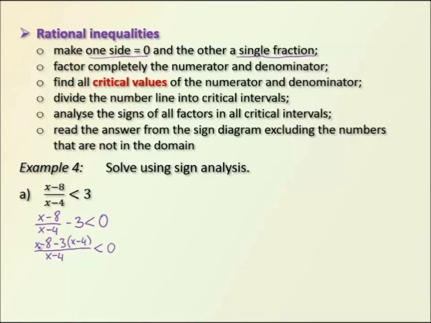Now we can simplify, so it's x minus 8 minus 3x plus 12 over x minus 4, smaller than 0. And finally, we have negative 2x plus 4 over x minus 4, smaller than 0.